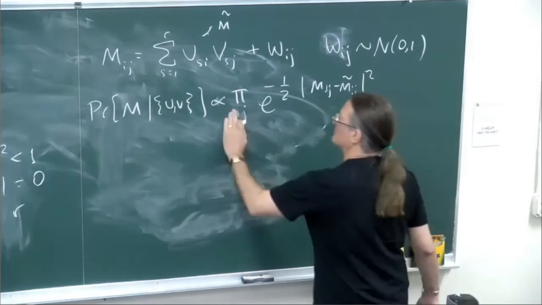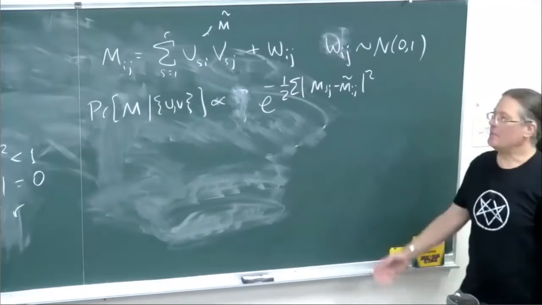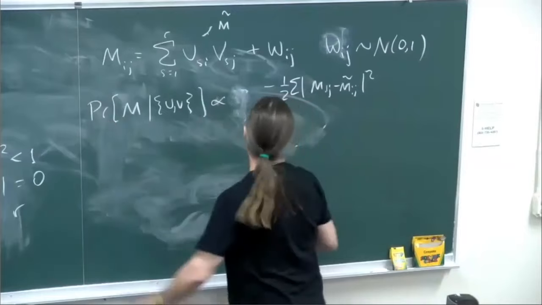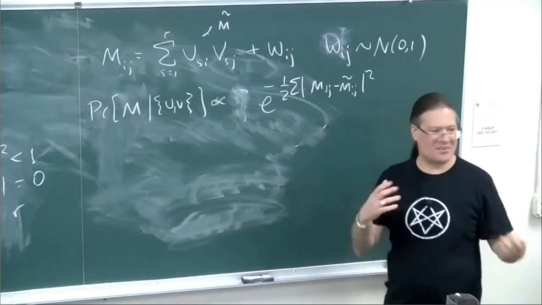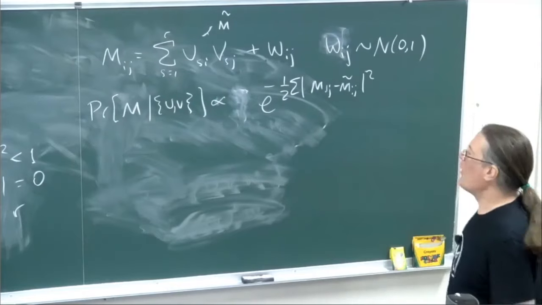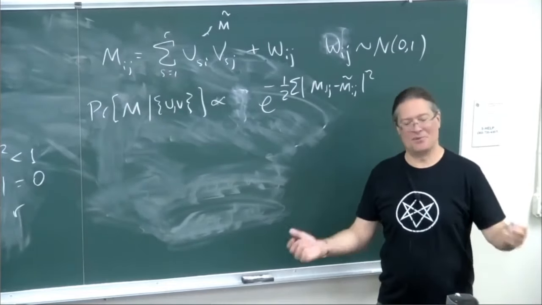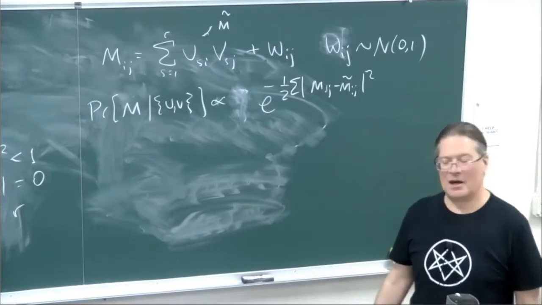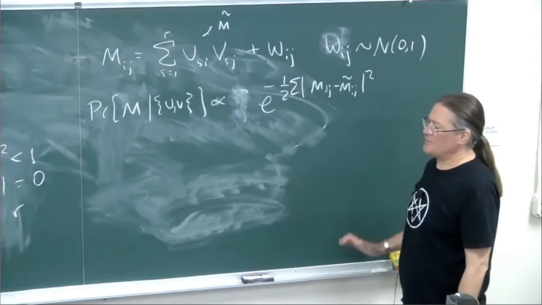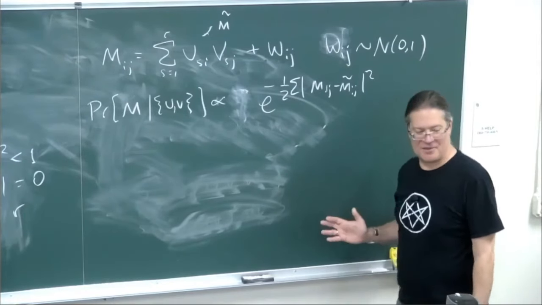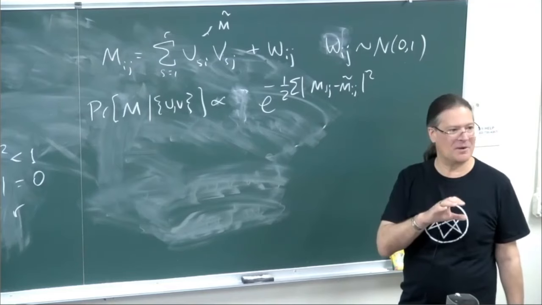And so, the product of a bunch of exponentials is the exponential of the sum, and then maximizing this probability means minimizing the L2 distance. Okay, I'm saying this in such a long-winded way because we often minimize the L2 distance between things. We do that when we do linear regression, say, most of the time. But in some sense, when we do that, we're assuming that the noise is Gaussian and independent and has equal variance everywhere.